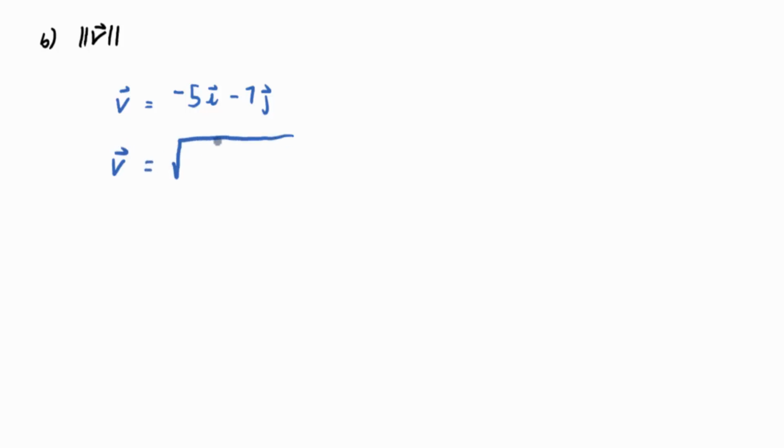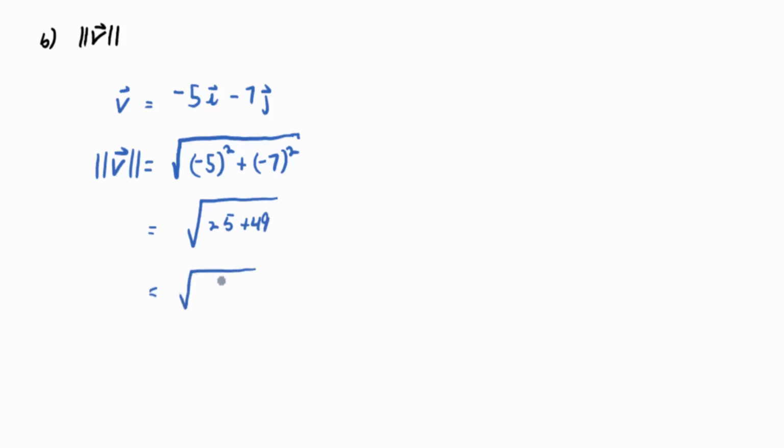What are those somethings? Yeah, so negative 5 squared plus negative 7 squared underneath the square root. And I didn't put the magnitude bars around it yet, so let me do that. And what do we get? 25 plus 49 underneath the root. What is that? Yeah, so root 74.